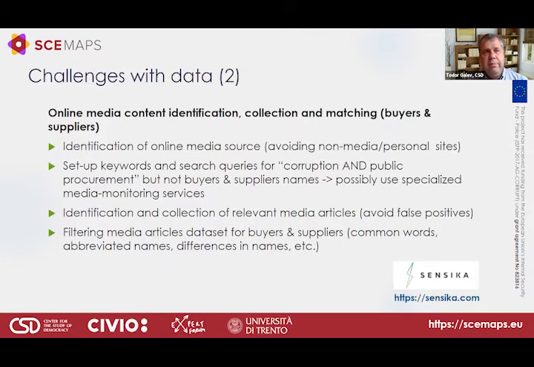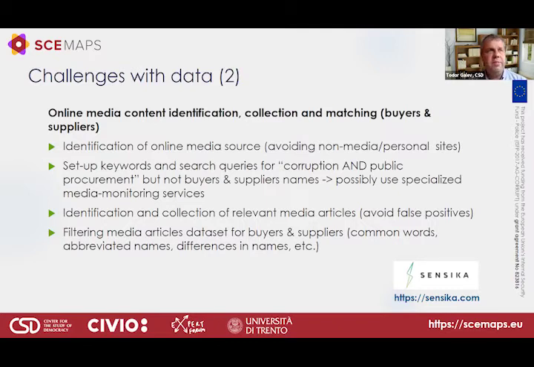And last but not least, we added to these two types of data, public procurement data and corporate data, also data from news media that refer to suspicious behavior of companies or public authorities or contracting authorities.